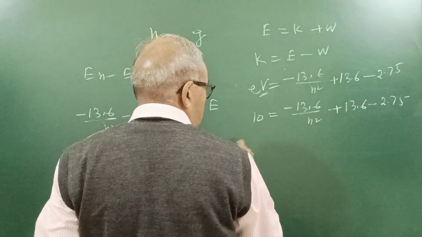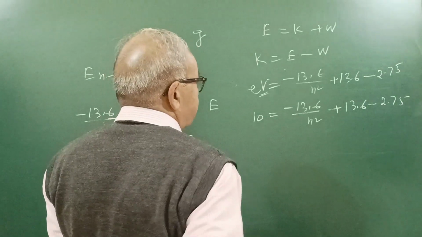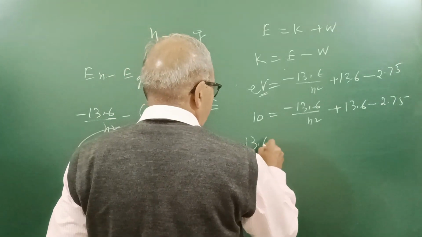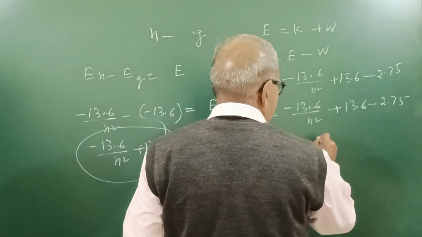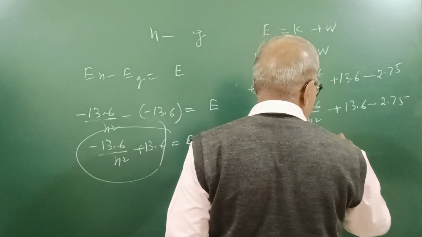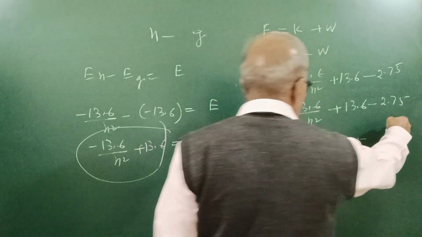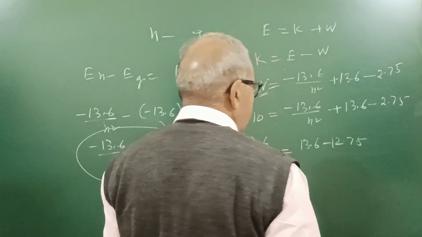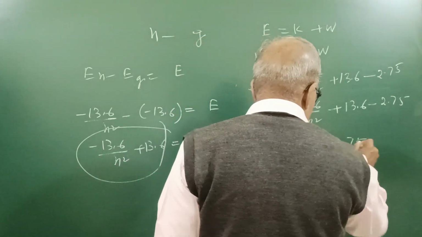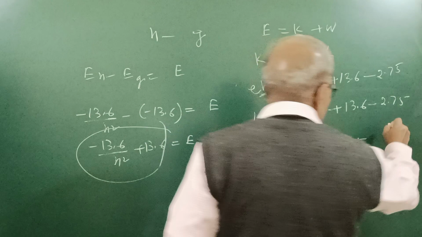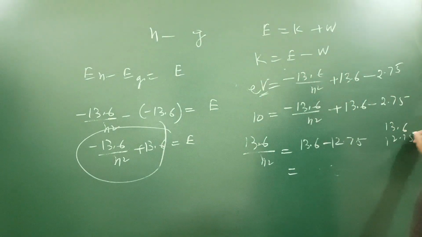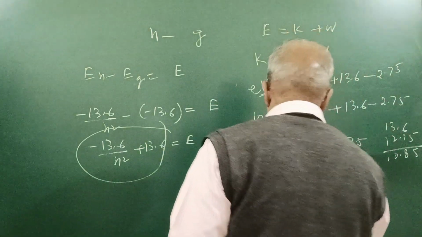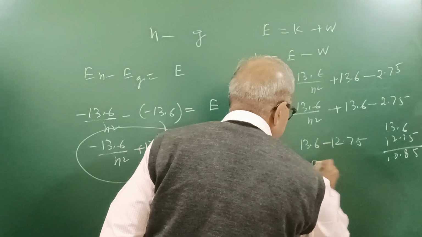Or 13.6 upon n square equals 13.6 minus 12.75, after adding. You are left with 13.6 minus 12.75, which is 0.85.